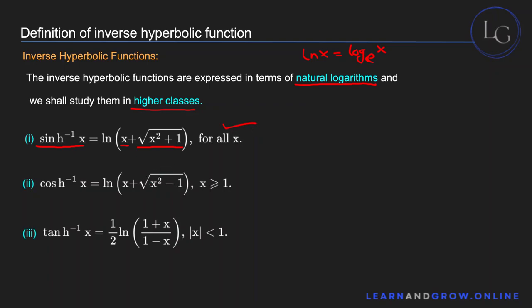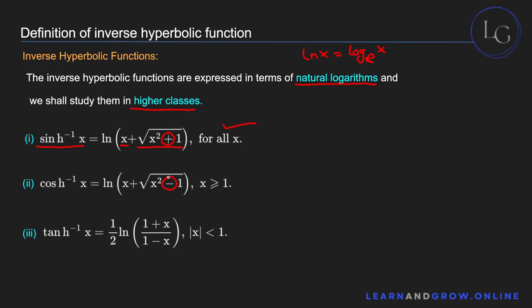Now, cos hyperbolic inverse of x. The difference, again, as you remember, in the normal hyperbolic functions, between the sine hyperbolic function and the cos hyperbolic function was just a single addition and subtraction sign. Similarly here, you have this positive sign in the sine hyperbolic inverse function and this negative sign in the cos hyperbolic inverse function. Otherwise, it's the same.